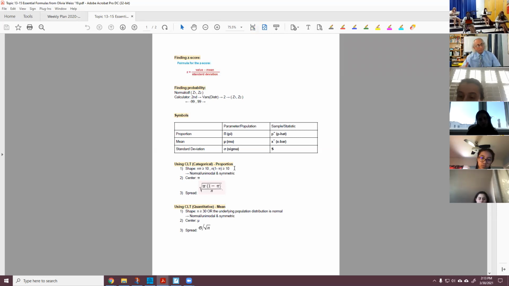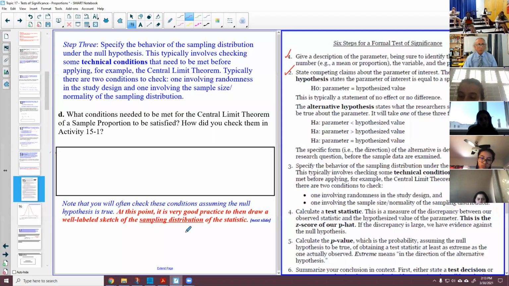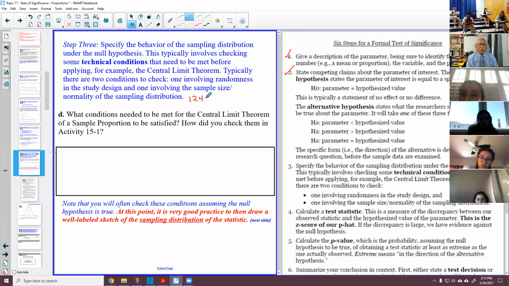If I don't have that, I can't use the central limit theorem, and I'm just going to stop the problem. So in this particular case, I know my n is 124, so 124 times pi has to be greater than or equal to 10. Now, pay attention.